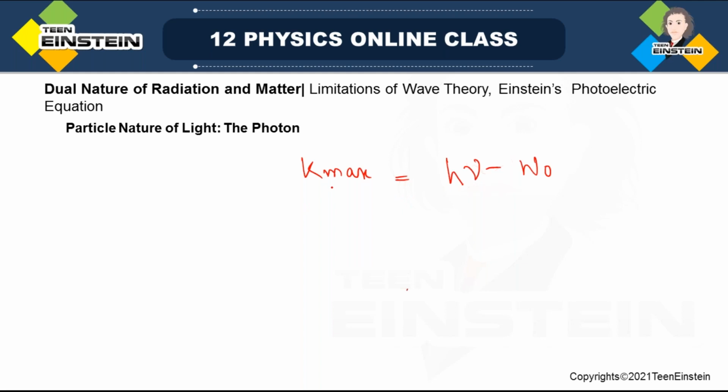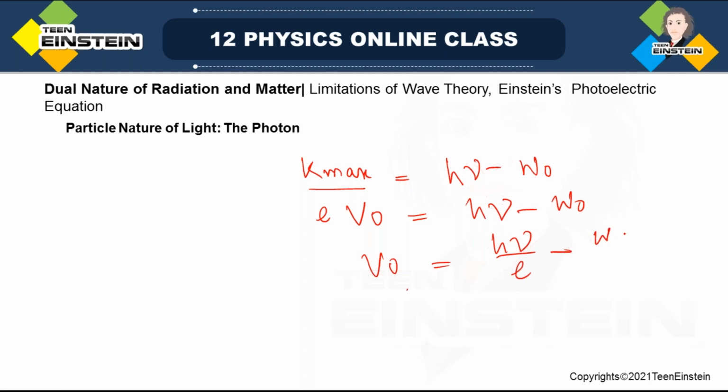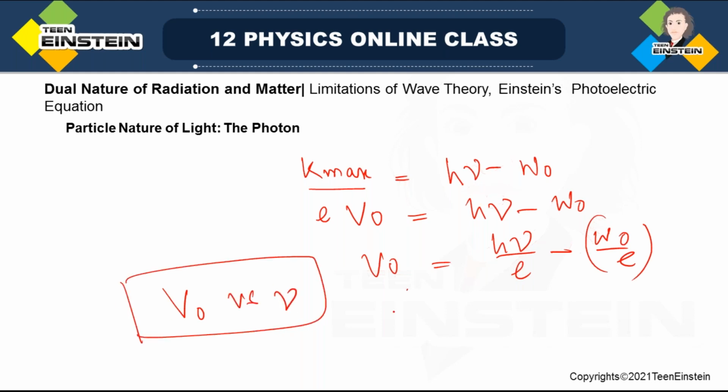This can be written in terms of the stopping potential as e V0. Now if you divide this by e and plot stopping potential V0 versus frequency nu, the curve will look like this.